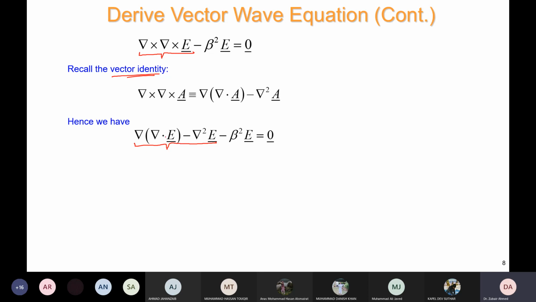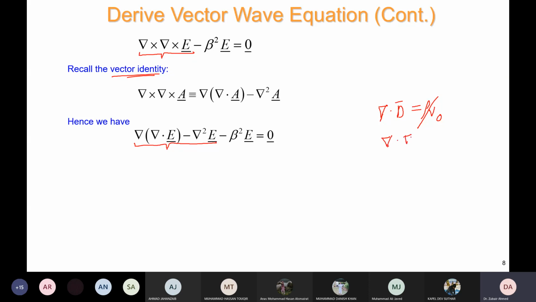Now please note this divergence of E. The Gauss law of electric field, the Maxwell equation, was divergence of D is equal to rho V. And because we are talking about a source free media, this term will become 0.